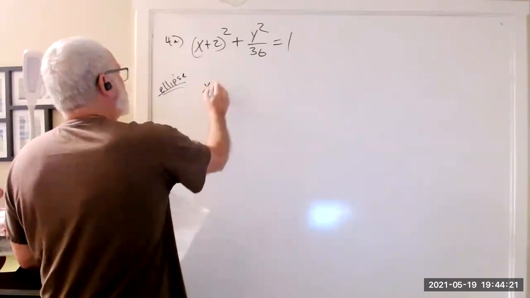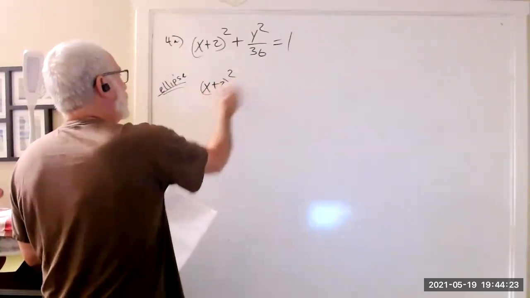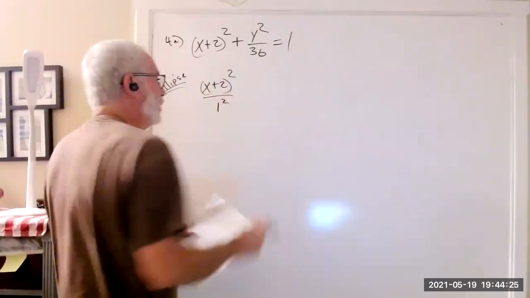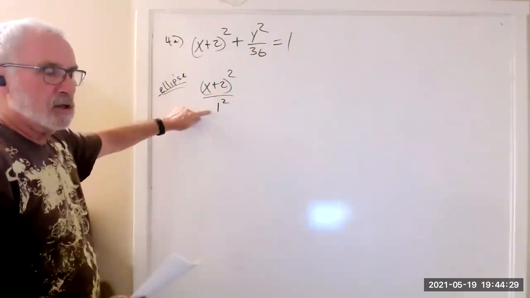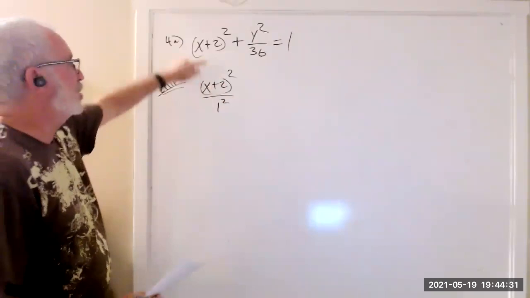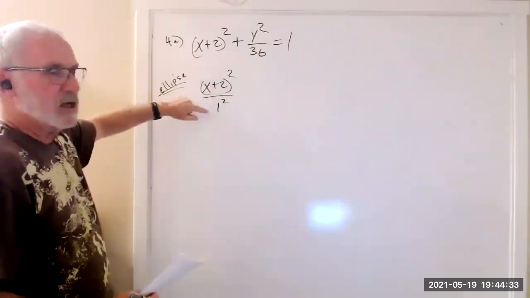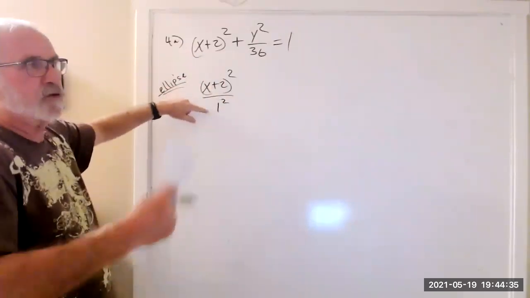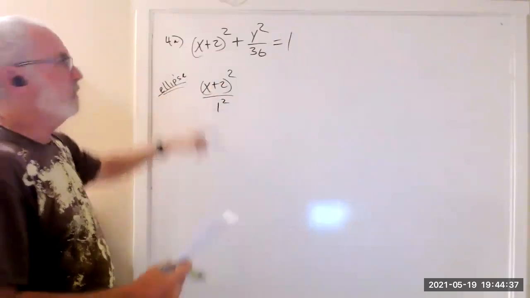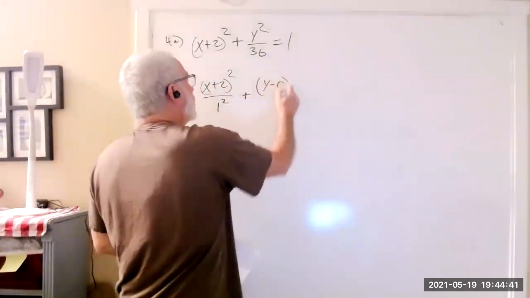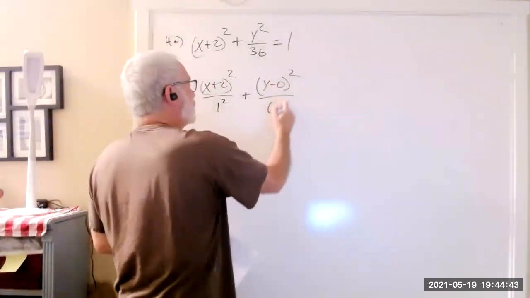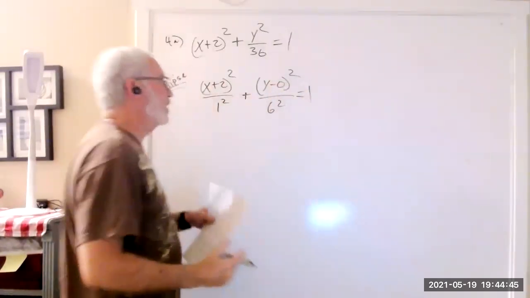So this is (x plus 2) squared over 1 squared. Remember, you could always divide by 1 and you're not changing it. You're changing what it looks like, but you're not changing its value. This one, you can write as (y minus 0) squared over 6 squared equals 1.